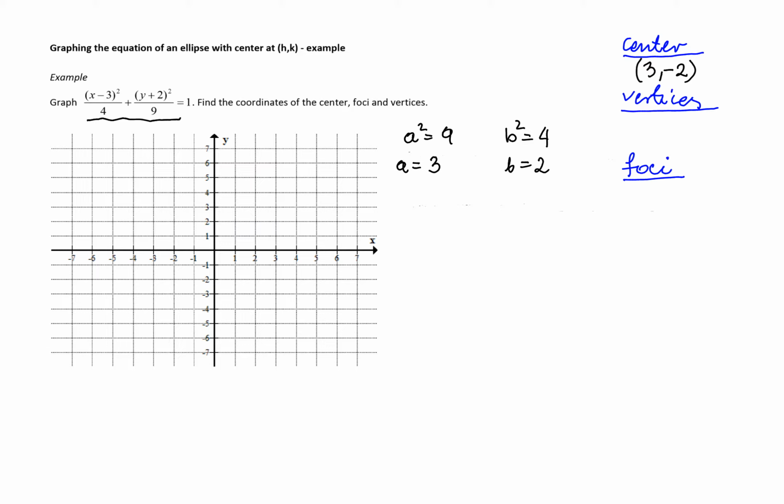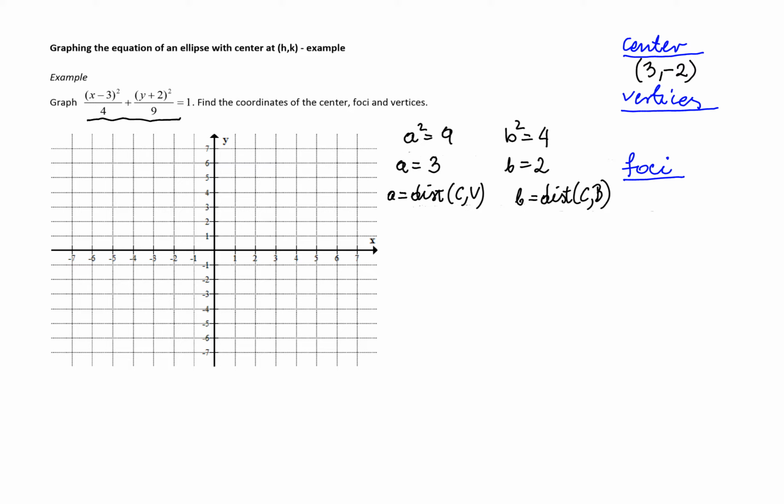On the other hand, the value of a is the distance between the center of the ellipse and a vertex. So the distance in this case is 3. And b is the distance between the center of the ellipse and the endpoint of the minor axis, which we are denoting by b.